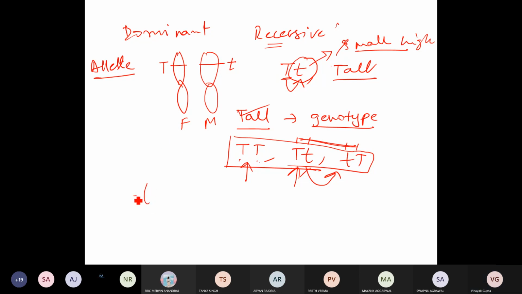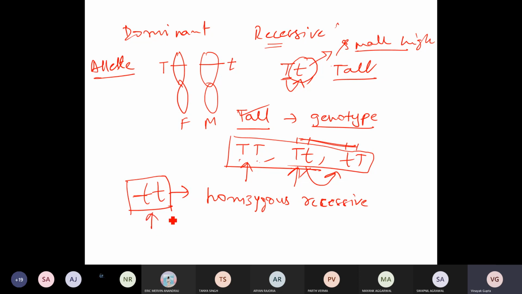Means when both the alleles are small t, in homozygous recessive condition, the phenotype will be visible. When both the alleles are small, both the alleles are recessive. This is called homozygous recessive condition.